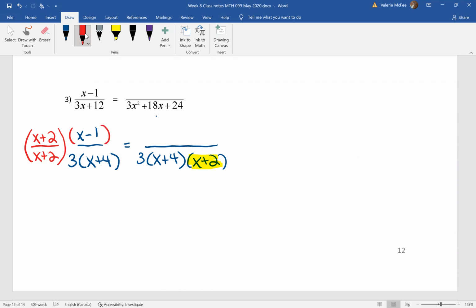Now, if you were asked to leave your answer in factored form here, it would look like this. Remember, the order of your factors doesn't matter. If you had x minus 1 times x plus 2, that's fine.